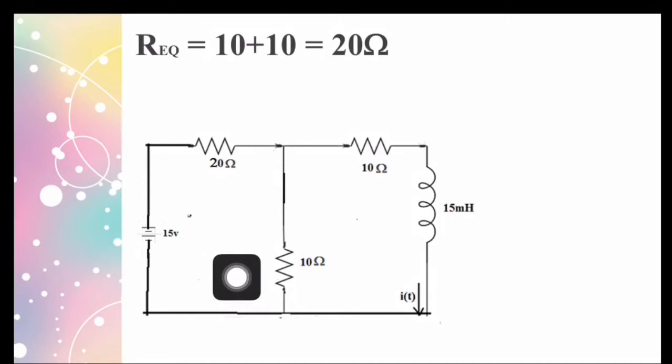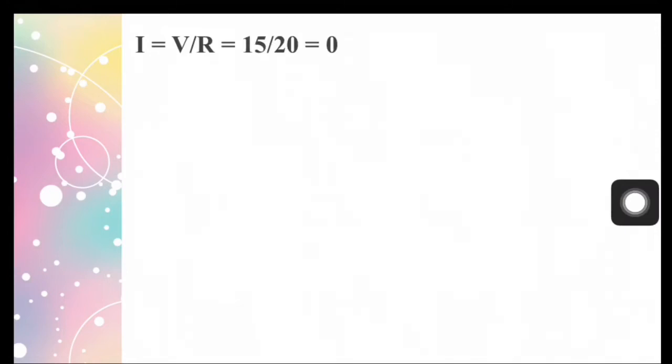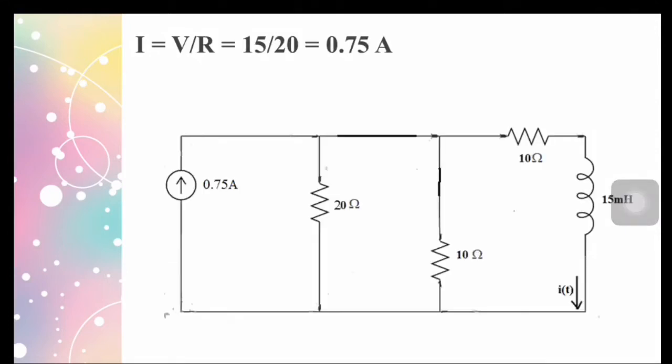Now what we are going to do is replace this practical voltage source with its equivalent practical current source. So what will be the value of current source? 15 by 20, that is 0.75 ampere, and we get a network like this. 0.75 ampere and parallel connected 20 ohm represents the practical voltage source in our previous circuit.